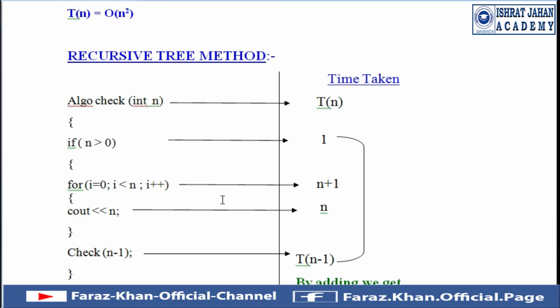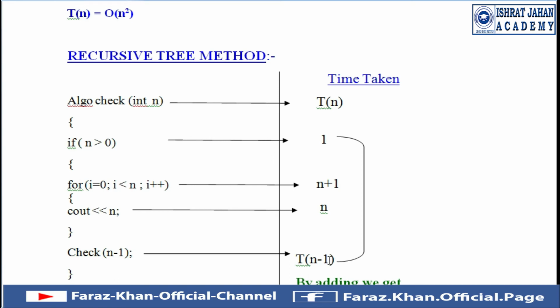N is the time complexity of this statement. As you can see, the arrow indicates that, and check n minus 1 each time it will return n minus 1. So we can write the time complexity of this as T n minus 1, right?